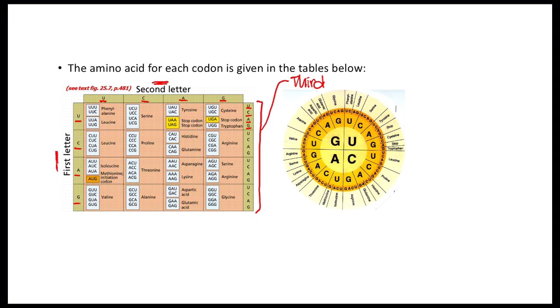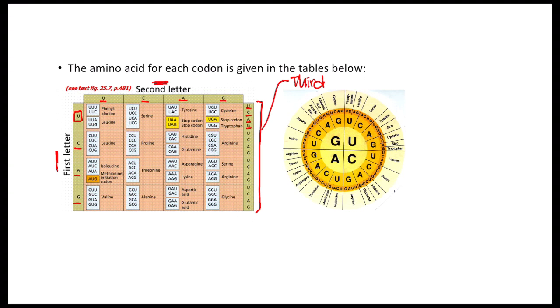So basically it's just creating that triplet. If your first letter is a U, the second letter could be a second U or a C or an A or a G, and same with the third letter.